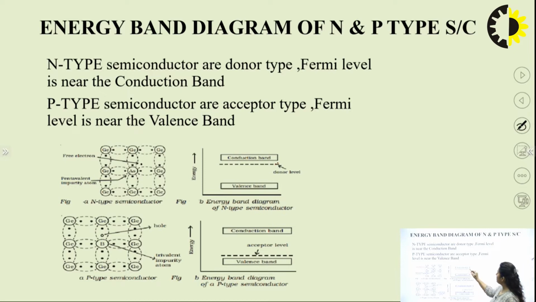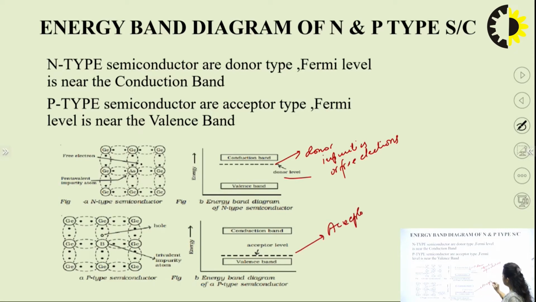Here it has donor impurity, which contributes free electrons. Here it has acceptor impurity, and it creates holes or vacancies.